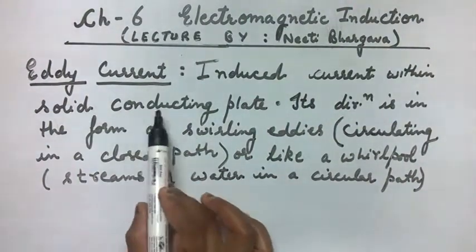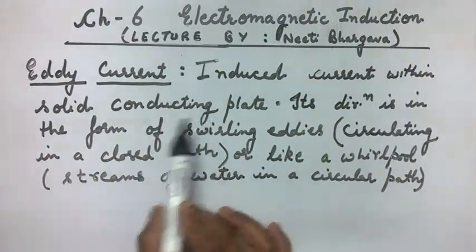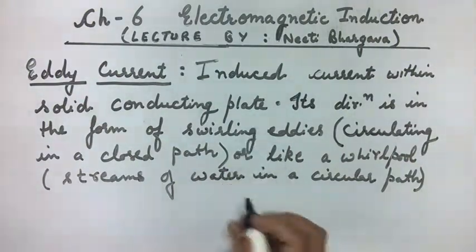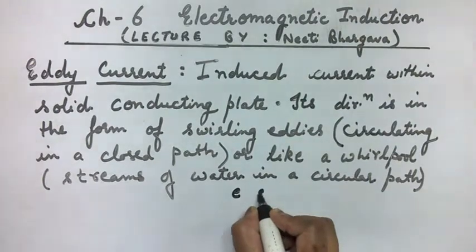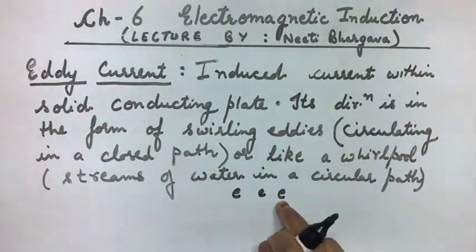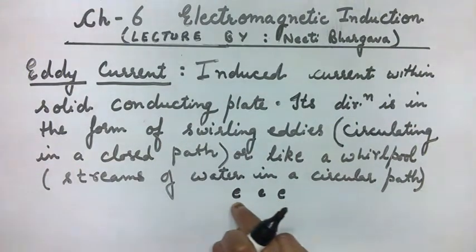Now here we are considering a conducting plate. The area is large and each part contains many electrons, and the induced current is produced because of the motion of these electrons.